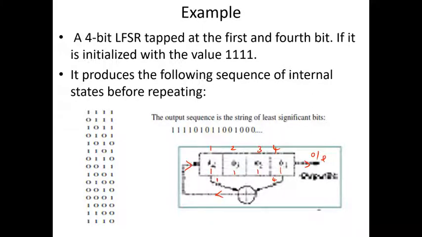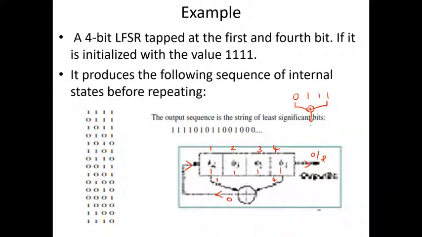So this will be 1 XOR 1, which is a 0. So the next number in the sequence will be 0 in the leftmost position, and the bits should be right shifted by 1. So 0, 1, 1, 1. And after that, what would be the value? In the next part, you will have 0, 1, 1, 1, and you are adding the last two bits.